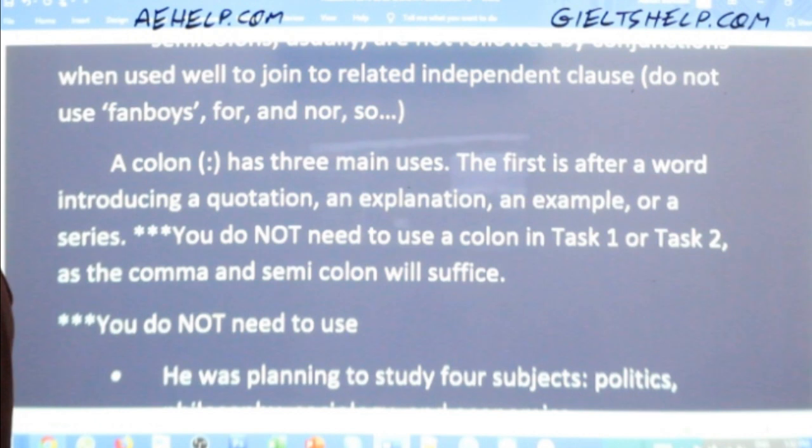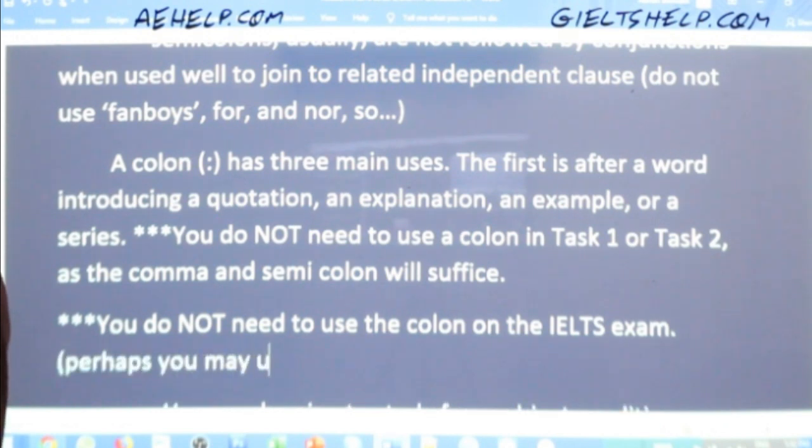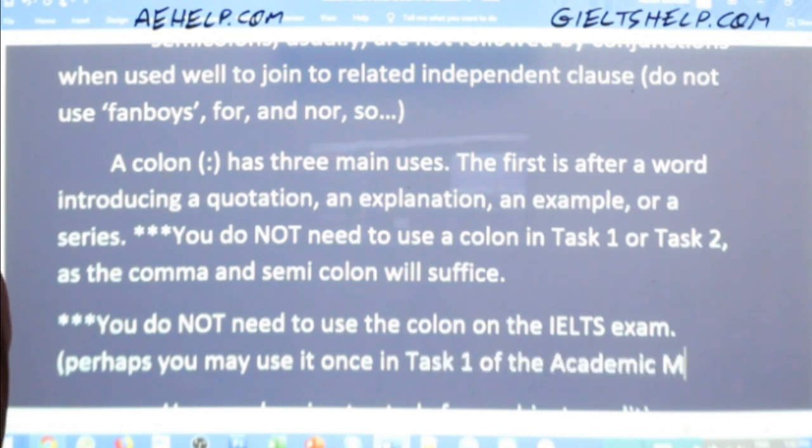In university, college, yes, you will use it in your writing. But on the IELTS, it's not so important. So you do not need to use the colon on the IELTS exam. And that said, perhaps you may use it once in task 1 of the academic module.